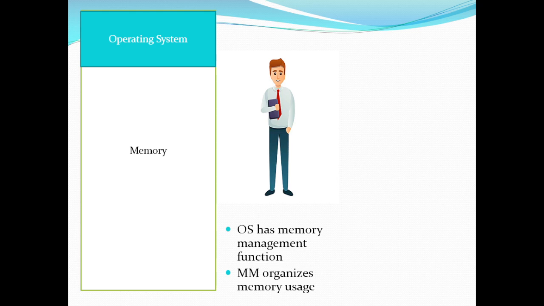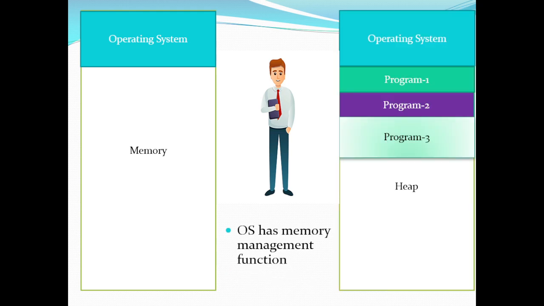In this system we have an operating system, right? The operating system is sitting somewhere in memory. It's allocated somewhere in memory, and it operates the whole system. And in the operating system you will see there is a memory management function which is controlling memory and aligning all the programs. Like here, program 1, program 2 and program 3 are running, and they are using this much memory.